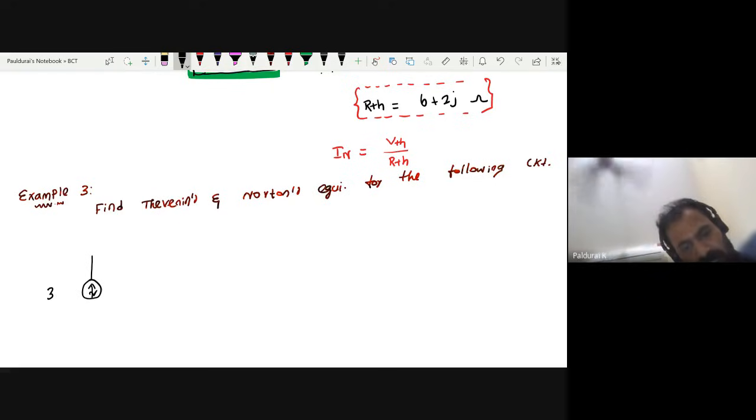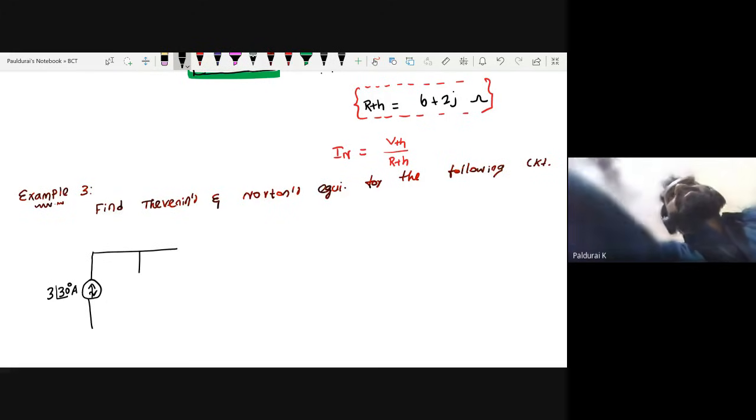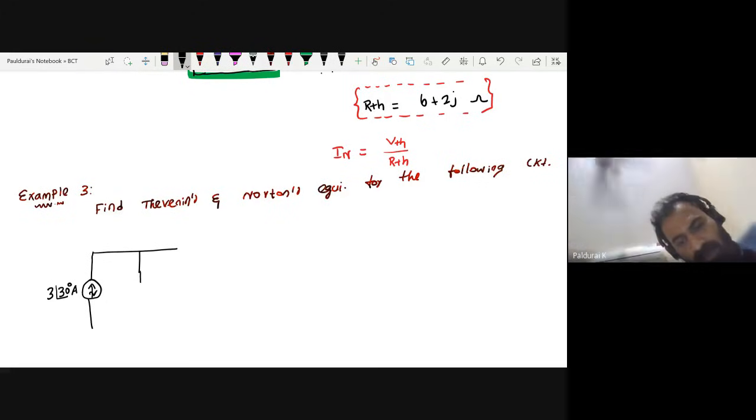Take an independent current source 3 at an angle of 30 degree ampere, in parallel with a capacitor of impedance minus J5 ohm, and in parallel with one resistance in series with one inductor combination.